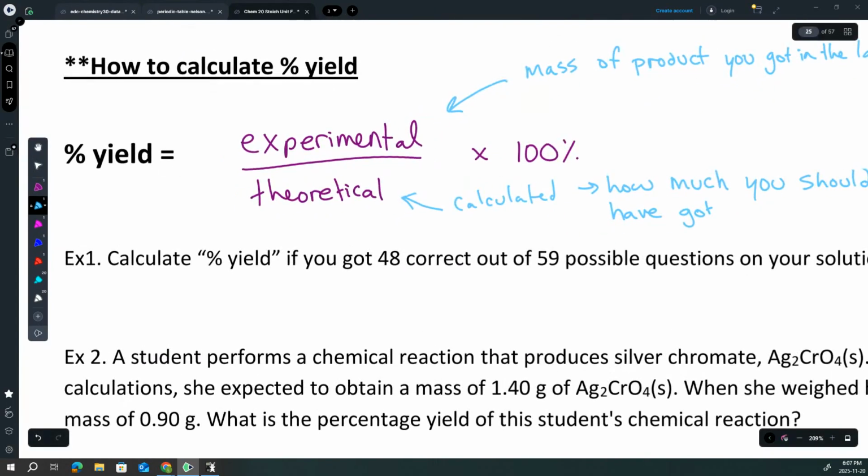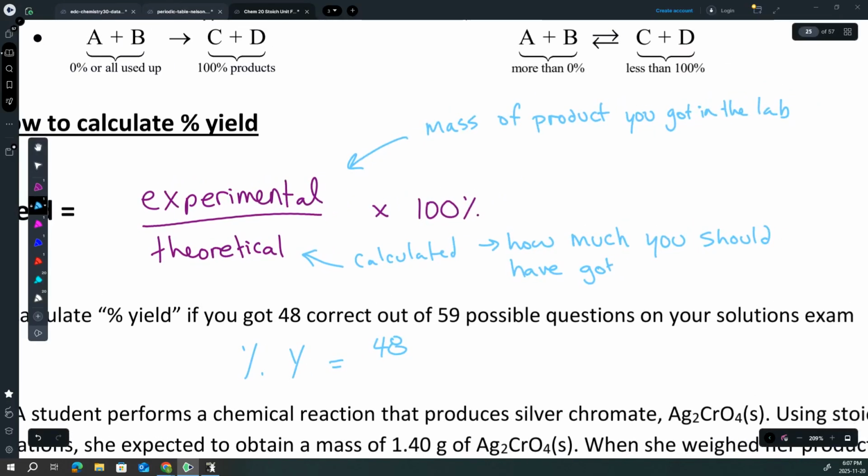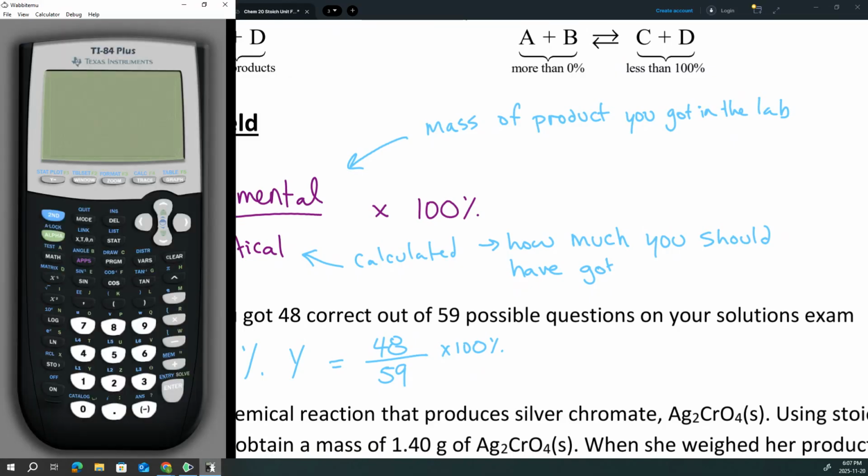If you calculate your percent yield, or your mark, how you would do that is percent yield is equal to 48, so what you actually got, divided by, if everything was perfect, what you should have gotten, which is 59.